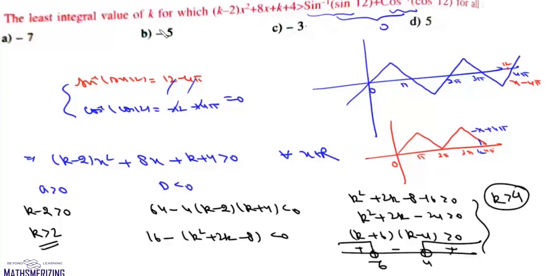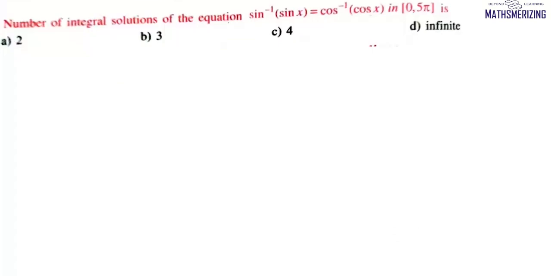Now the least integral value of k for which this inequality always holds is k equals 5, and that's your option D. Now another question is, we need to find the number of integral solutions of this equation sin inverse of sin x equals cos inverse of cos x in the interval 0 to 5 pi. So what we'll do is we'll draw the graph of sin inverse of sin x.